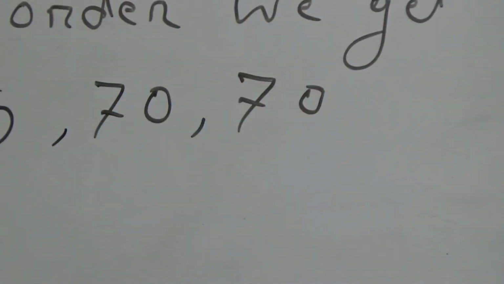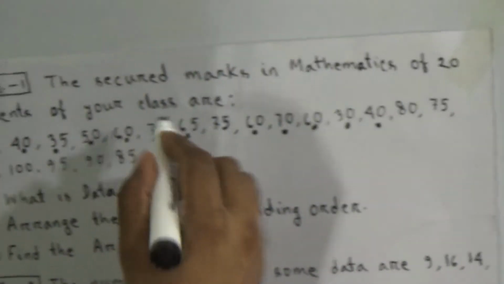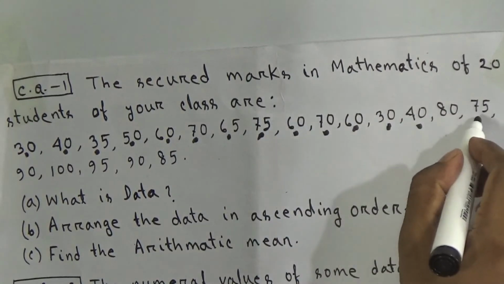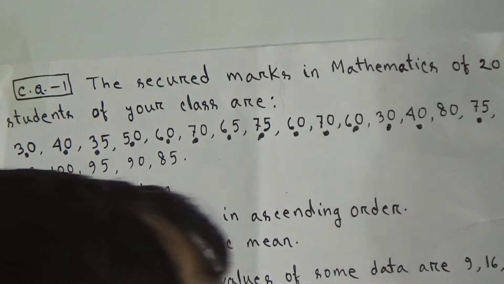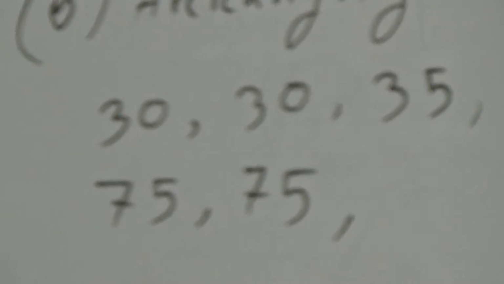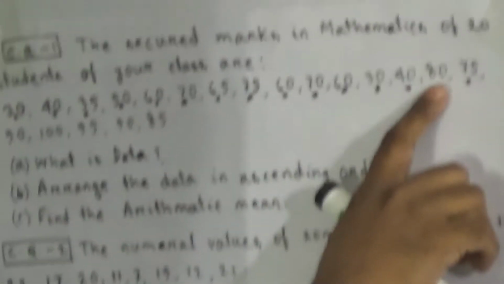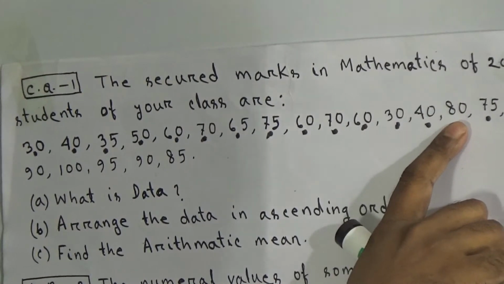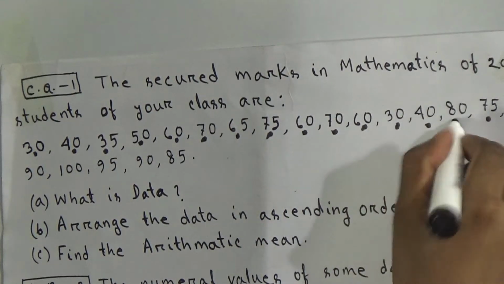After 70 now, here 75 exists. Another 75 exists here. We'll write now 75 in 2 times, 75, comma 75. Now after 75 here 80. We are watching 80 exists here, only 1 time. 80.